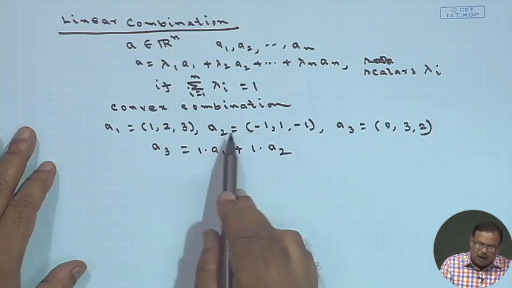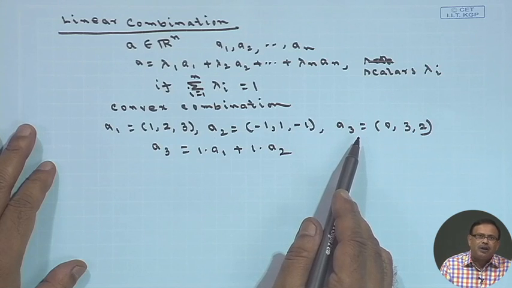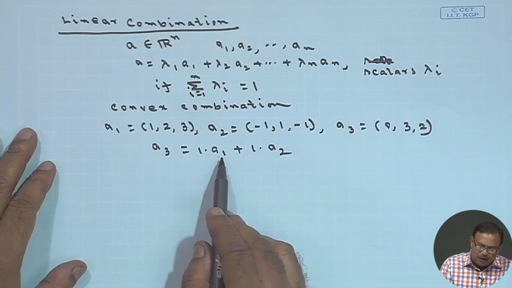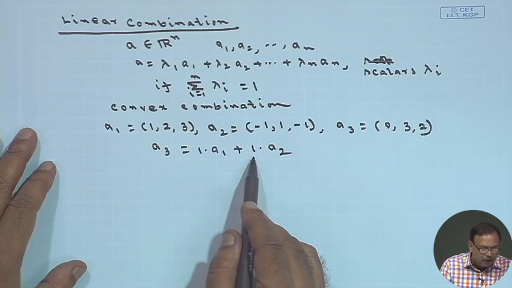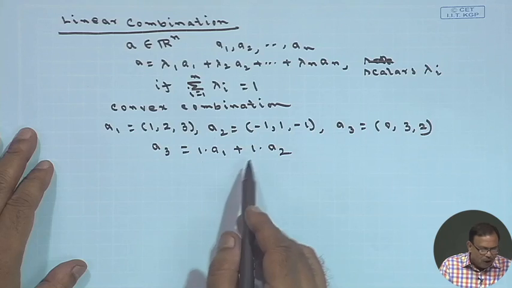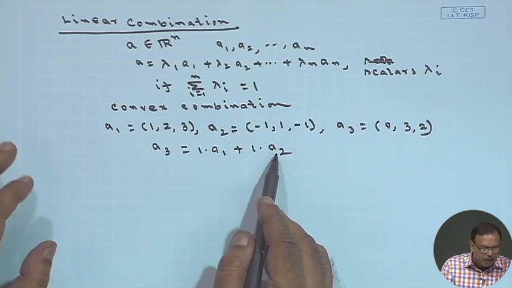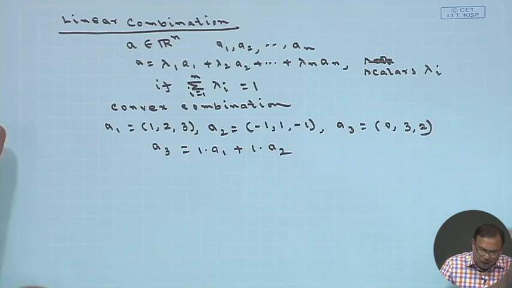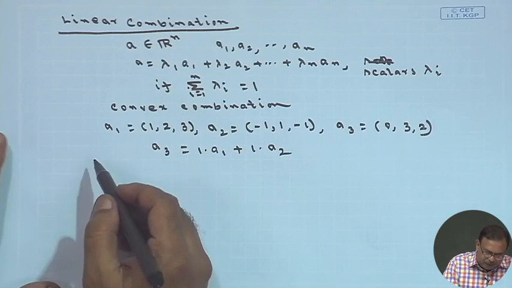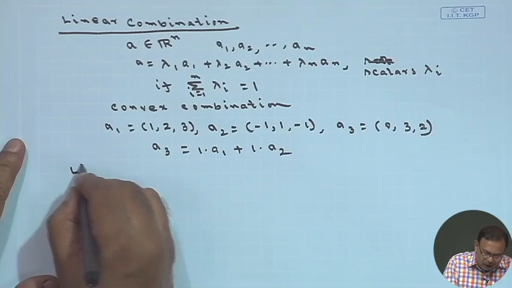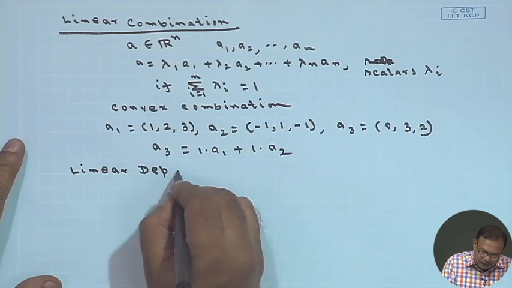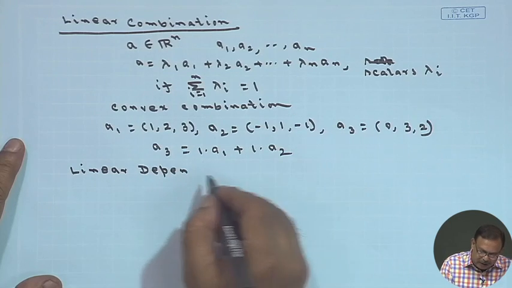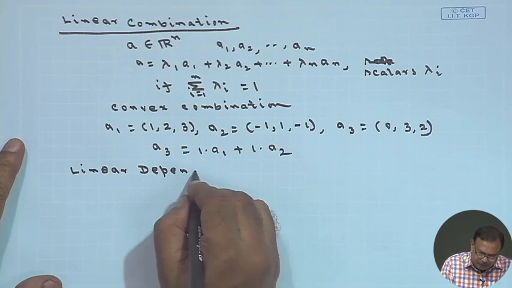So, basically I have three vectors a1, a2, a3. I am writing a3 as a linear combination of a1 and a2, where lambda1 is 1 and lambda2 is 1. From this linear combination itself, we come to the other one, that is linear dependence. You may have studied it in matrix notation.